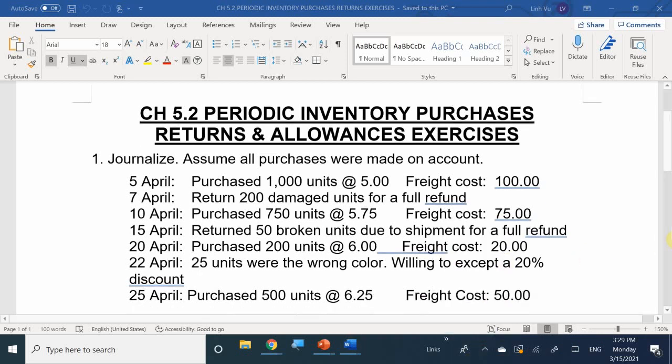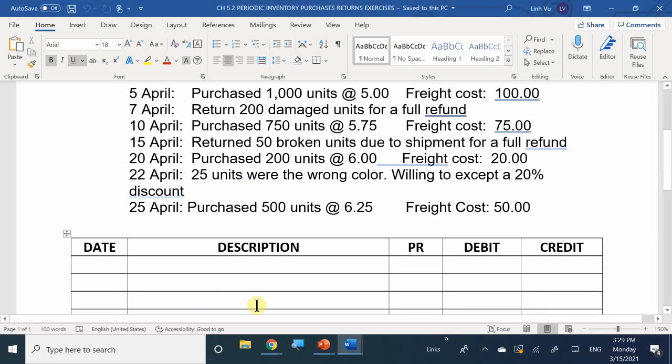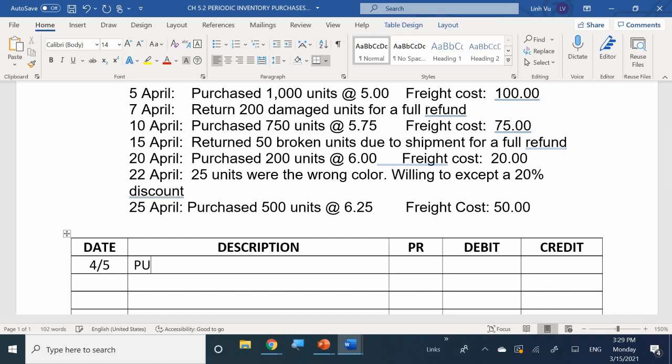First one would be April 5th. Good. Purchases expense would be a debit of 5,000. Good. Then underneath it, you would put your freight expense, and you would debit it for 100. Okay.